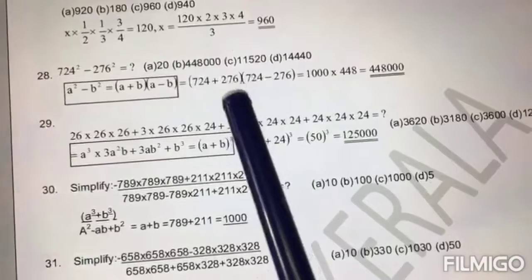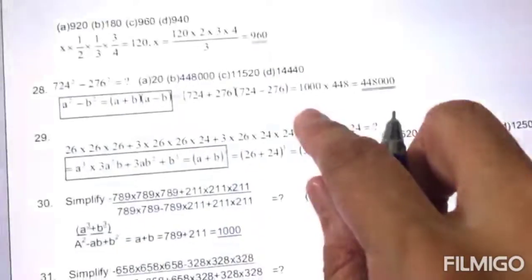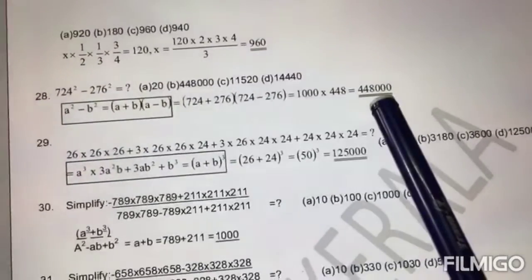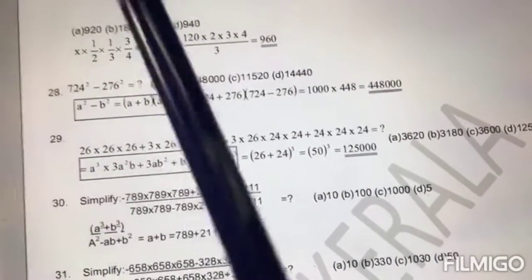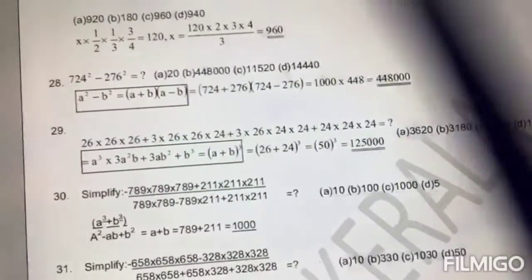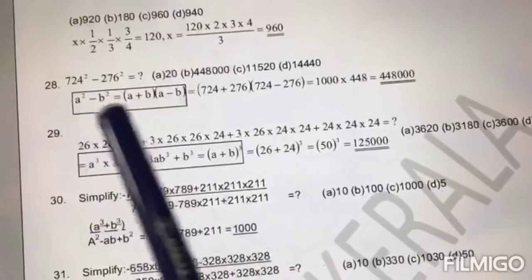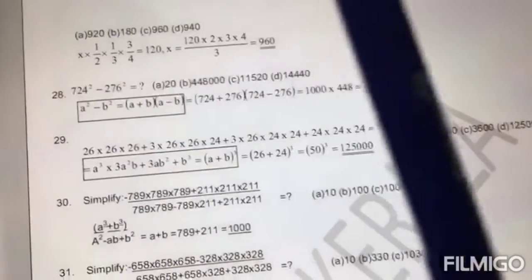It will be (A plus B)(A minus B), and when you simplify it, you will get this answer. This way of doing it is easier than expanding the whole thing. 724 square minus 276 square, it will take you a long time. Better than that, you use this formula. It's a very important formula. You have to memorize this, okay?